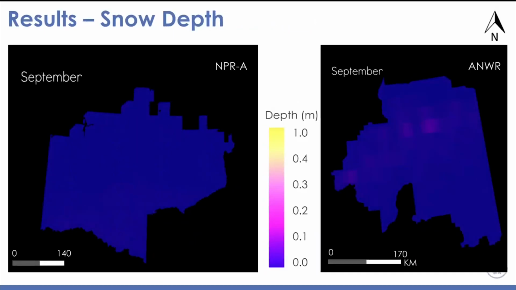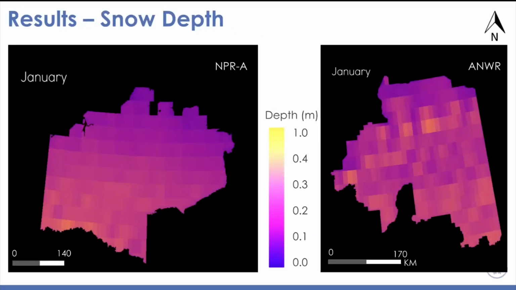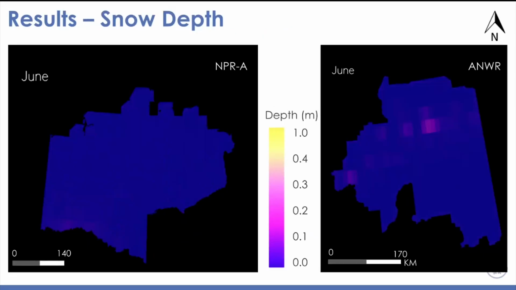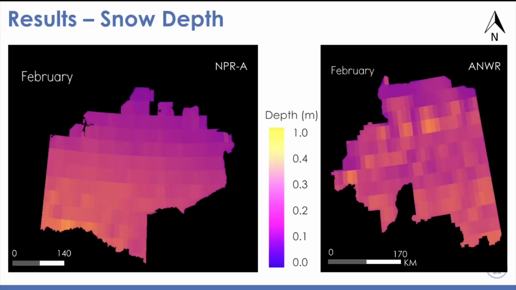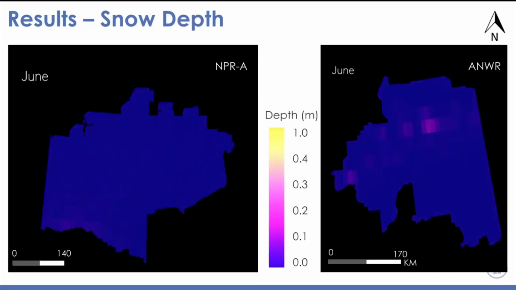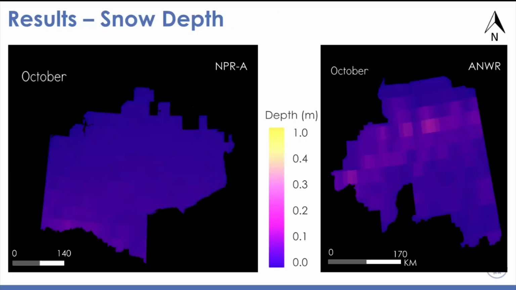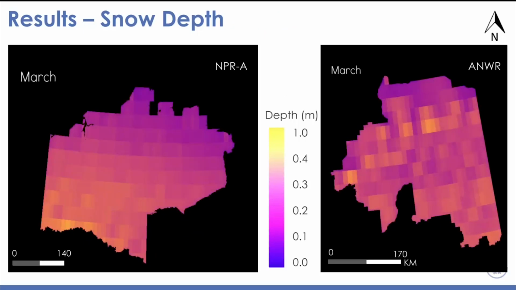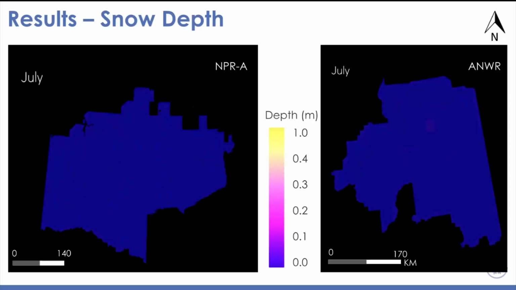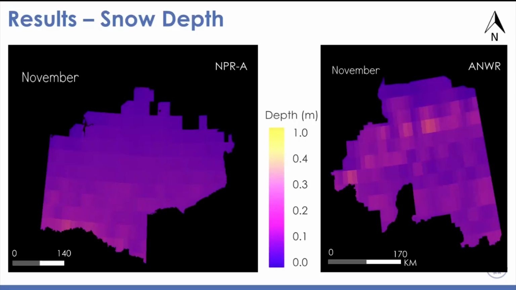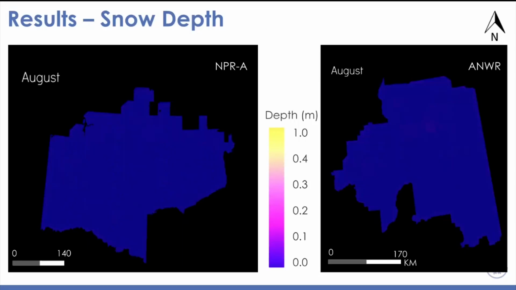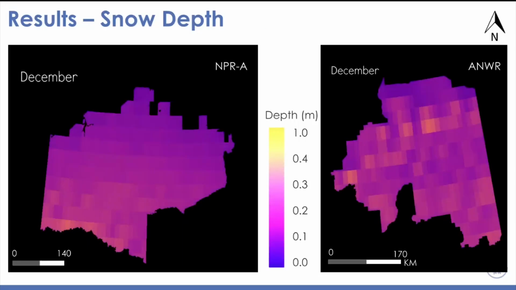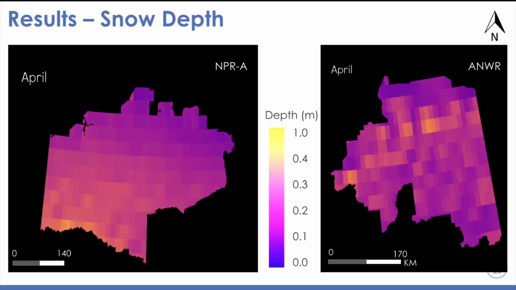Okay, and then going to our other snow product, the snow depth. Snow depth was similarly binned like our snow cover, and average snow depths were taken for each pixel. For the NPRA on the left, you can see that snow depth is quite uniform across the whole region, but for the ANWR, the wilderness region to the right, it appears that the mountain ranges have the highest amount of snow cover over the longest period of time.